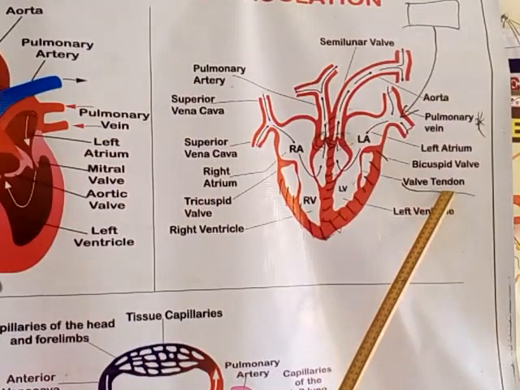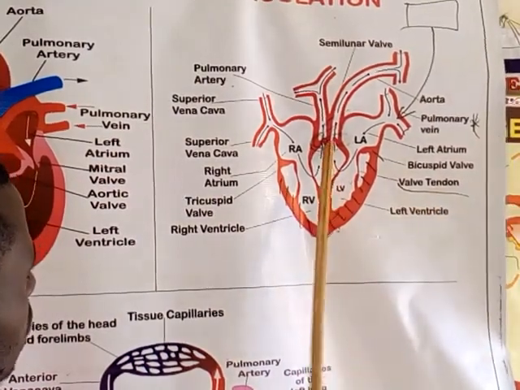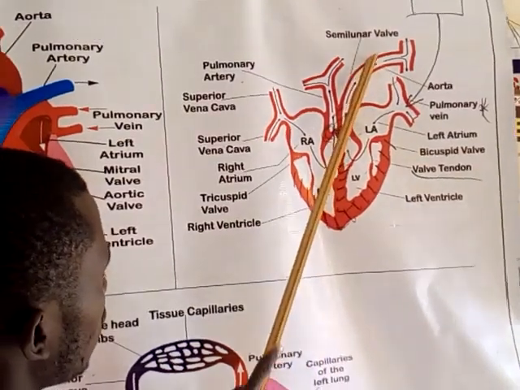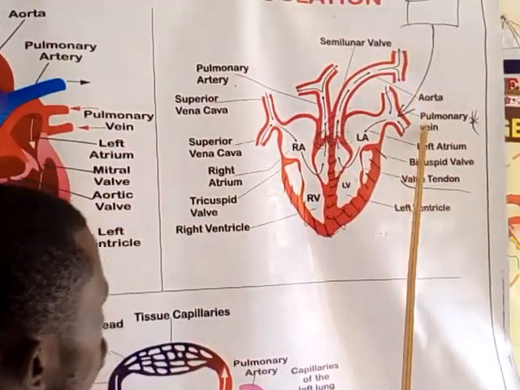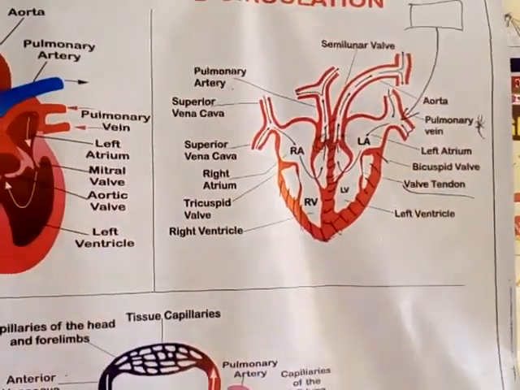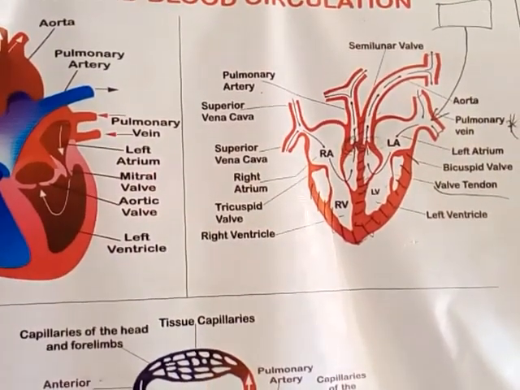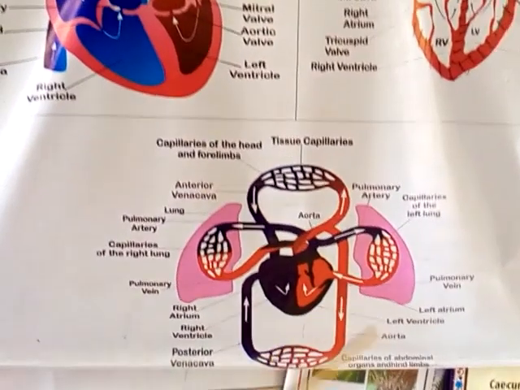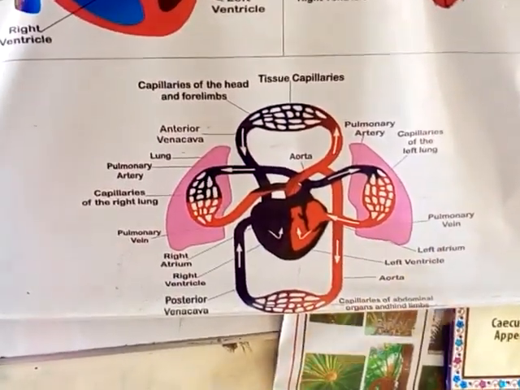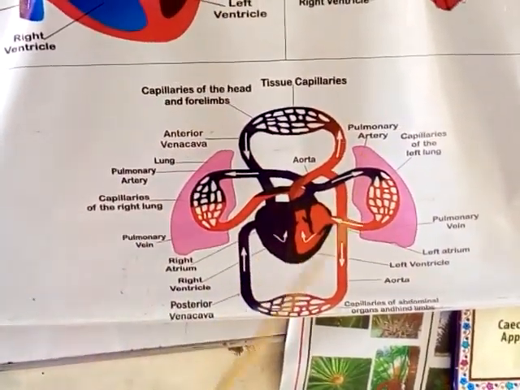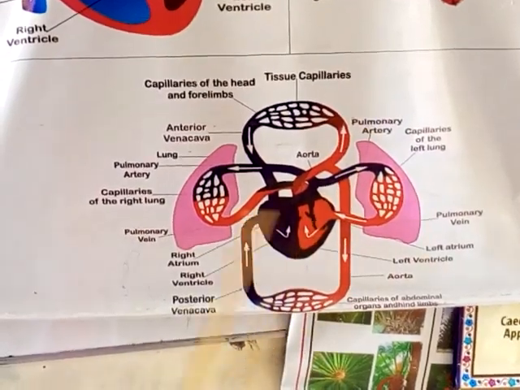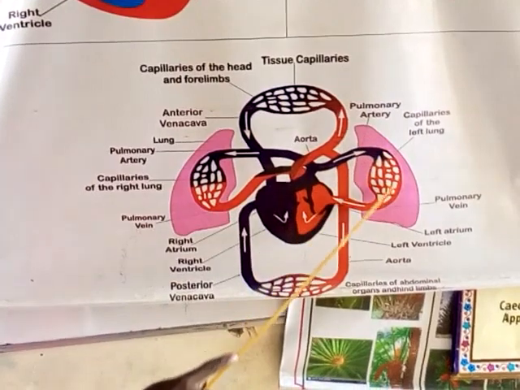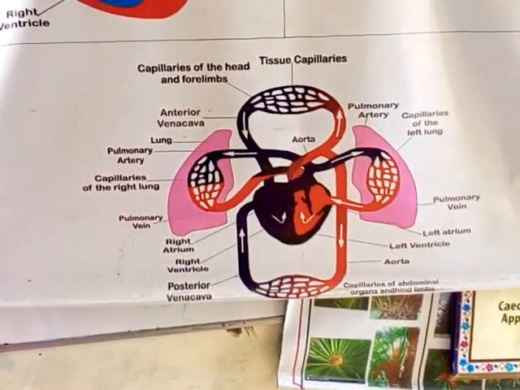Now, after the blood has been pumped out of the heart through the aorta, it can go to other parts of the body. For example, it can go to the stomach, and there is an artery known as the mesenteric artery, which allows blood into the stomach.